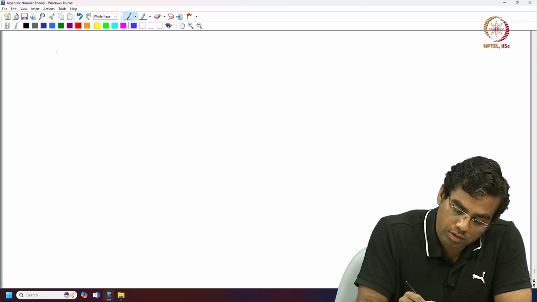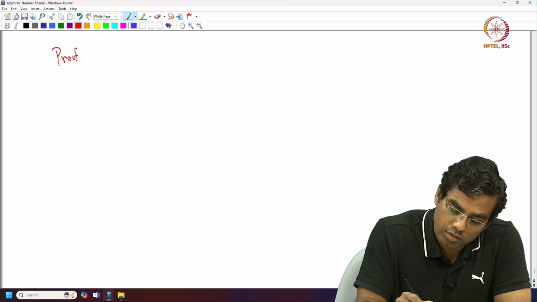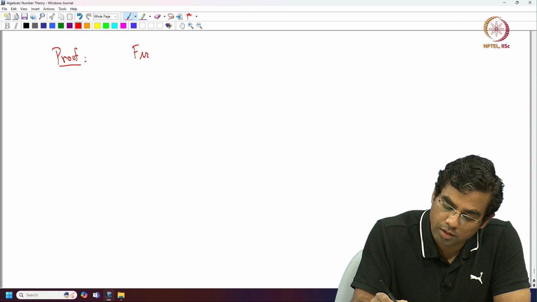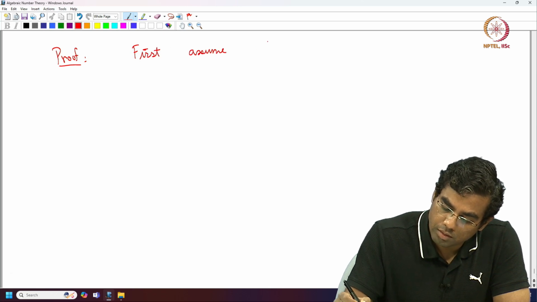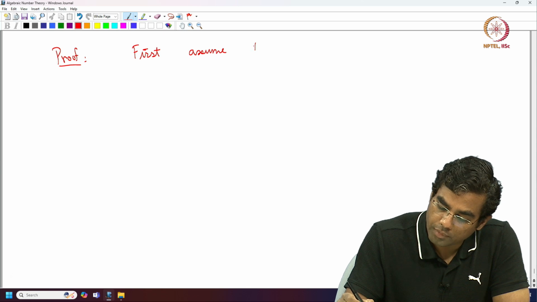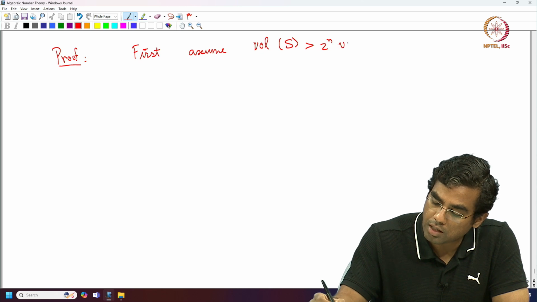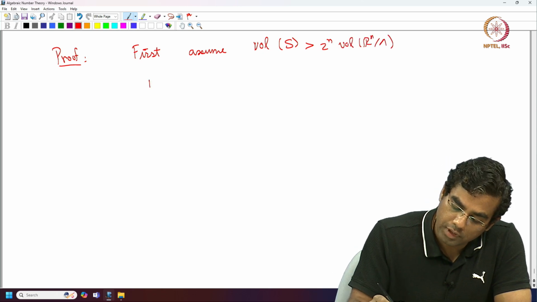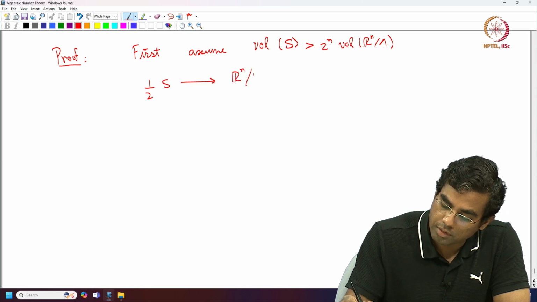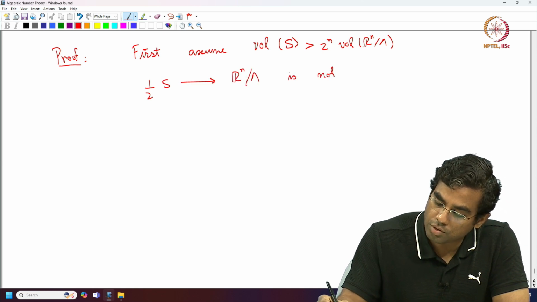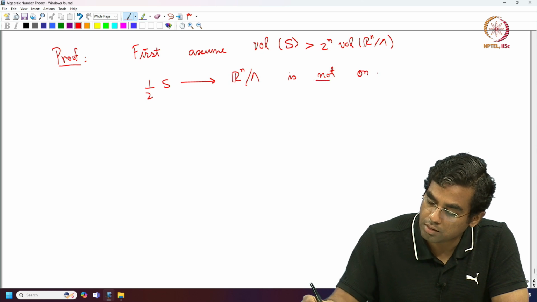So we are first assuming that the volume of S is strictly bigger than 2 to the n times the volume of R to the n mod lambda, and we concluded that this map is not 1 to 1.